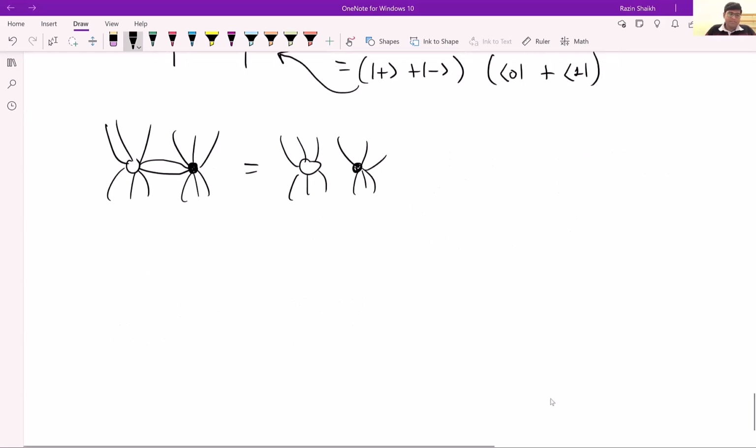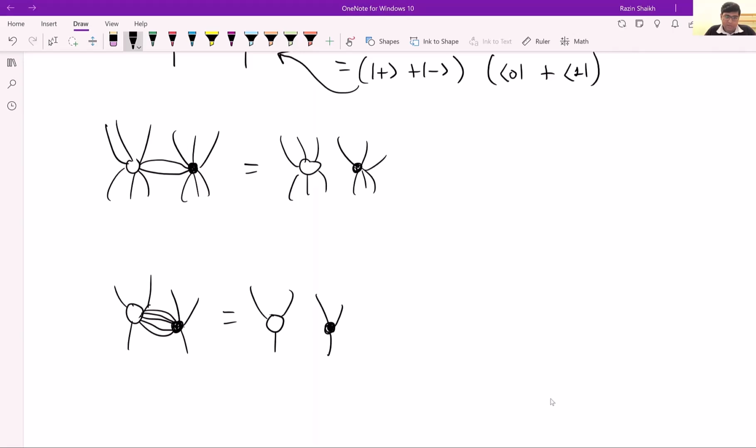In fact, if you have multiple legs, let's say there are 5 legs in between, you can apply this rule again and again, such that you either have 0 legs in between them or 1 leg. So in this case, we have 5 legs in total, so there will be 1 leg remaining after I apply this leg chopping rule.